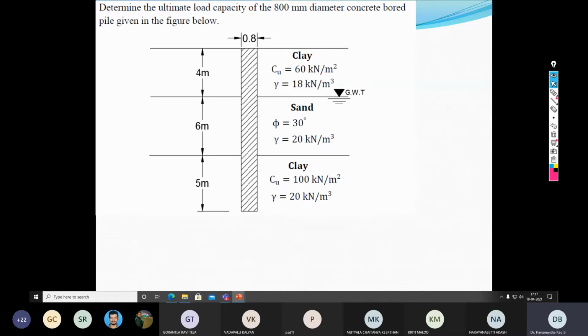So let me pose a couple of problems. When it is asked to determine the ultimate load capacity, what are all the different components that should be addressed first? Anybody?